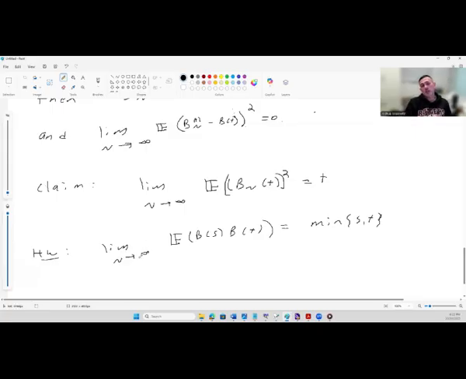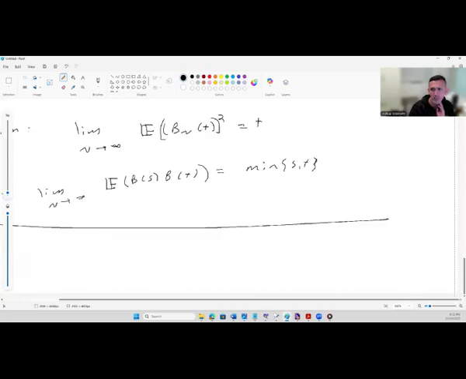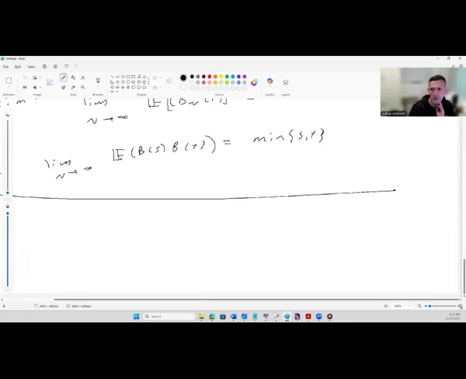It's almost the same calculation, except you're going to do the inner product version of Parseval's theorem, the L2 version. So how does this proof work? What's nice about this proof is it tells you why you want to use this Fourier series if you're going to write Brownian motion.